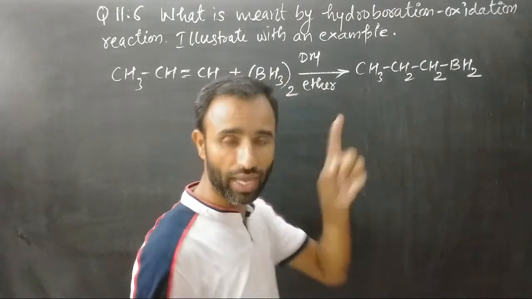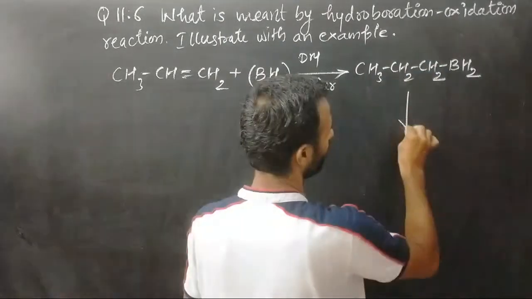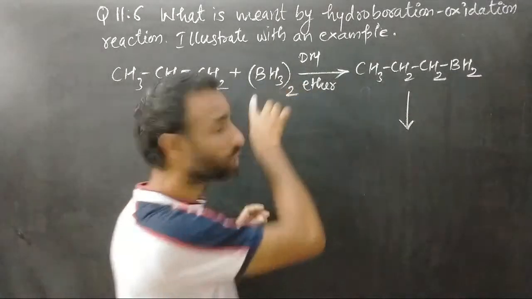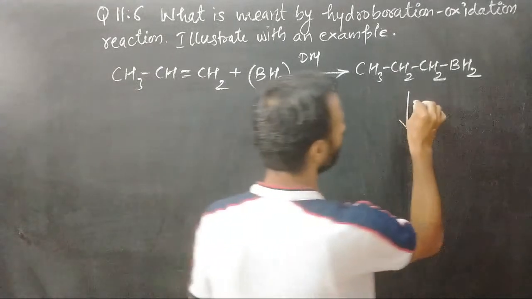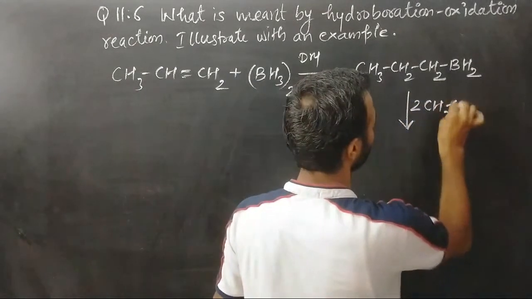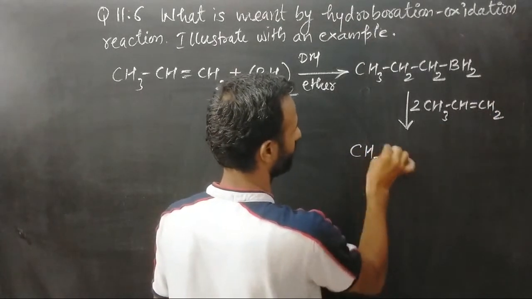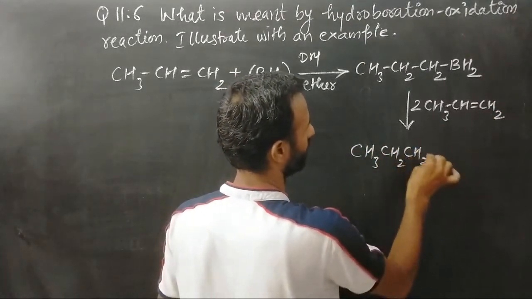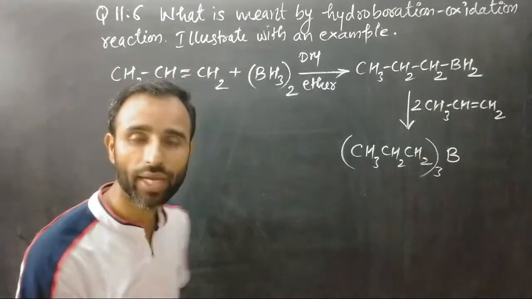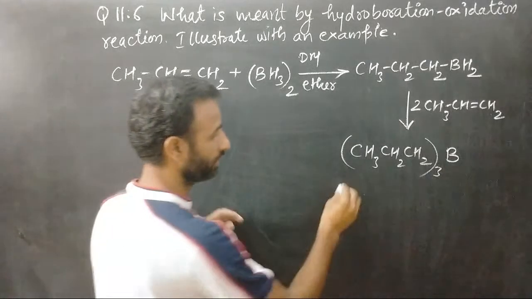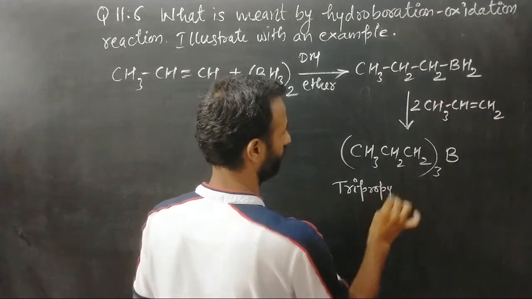In BH3, H and BH2 are added like this. So one hydrogen is replaced by CH3CH2CH2. Same, two more propene can be added. So we get (CH3CH2CH2)3B, tripropyl borane.